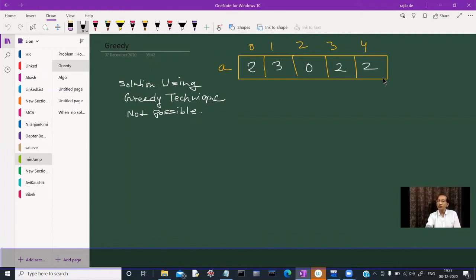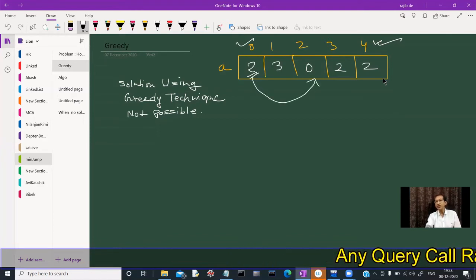Again, you have to start from 0 and reach the last location. Starting from 0 with the greedy technique, as it gives you the option to make 2 jumps at a time, you are tempted to take it and you reach index 2. But here the example tells you that you can make a maximum of 0 jumps, so you cannot take any jump.